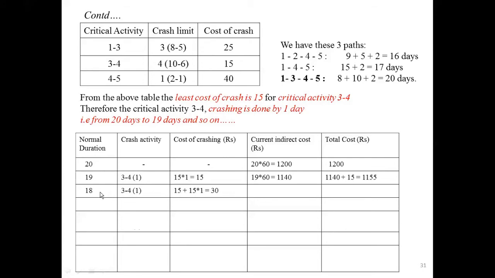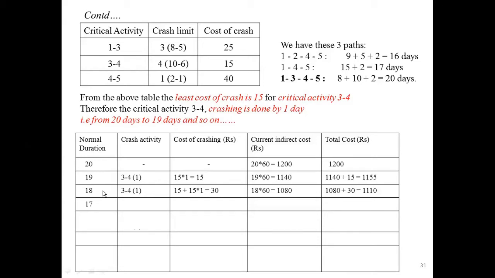Since you have reduced to 18, the indirect cost will be 18 into 60. The total cost you will get 1080 plus 30, you will get 1110. That is, the cost is reducing.